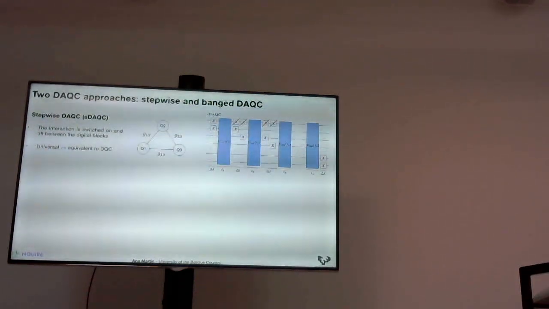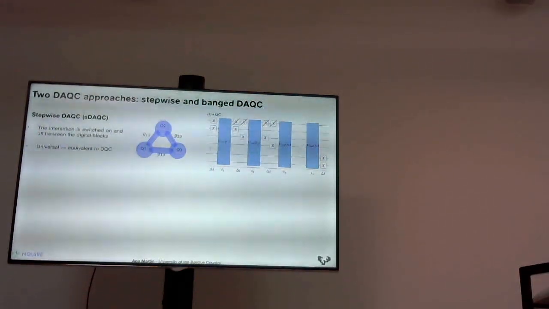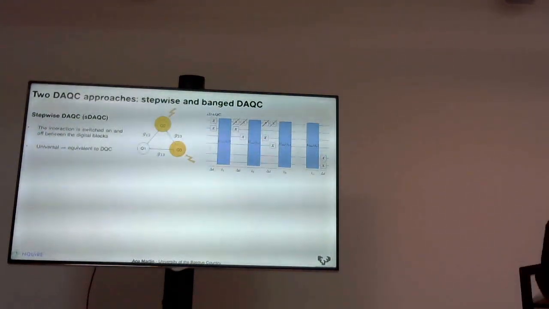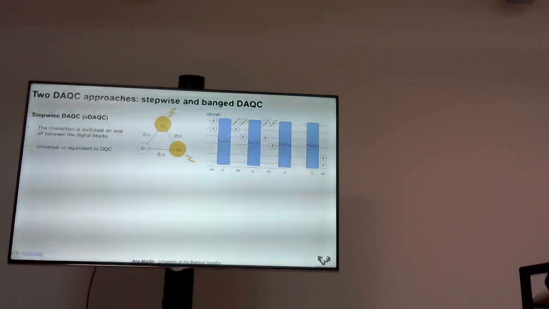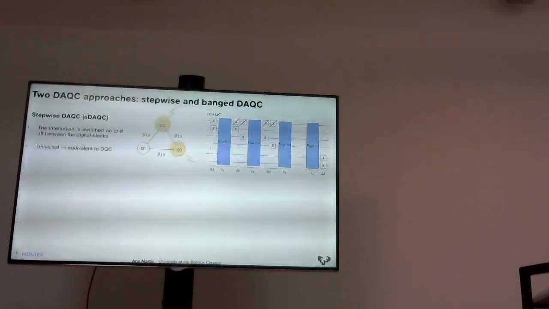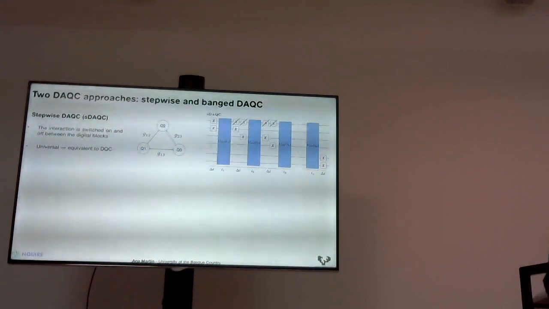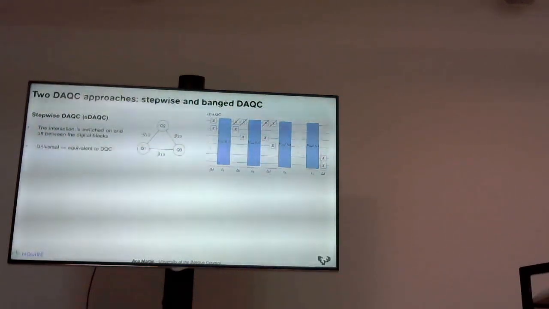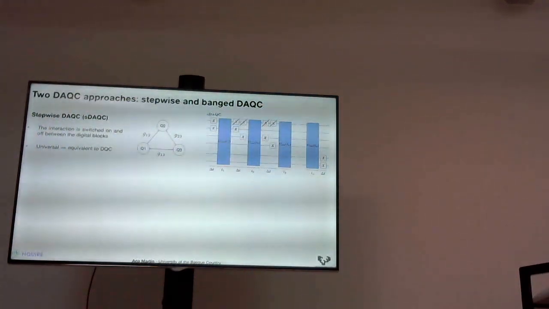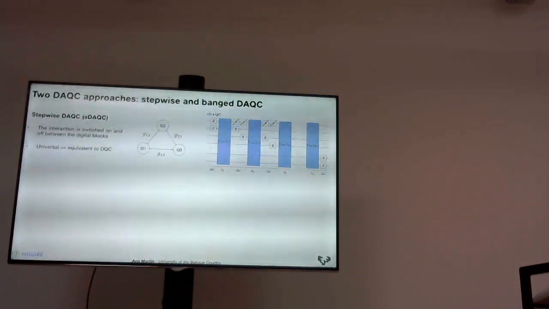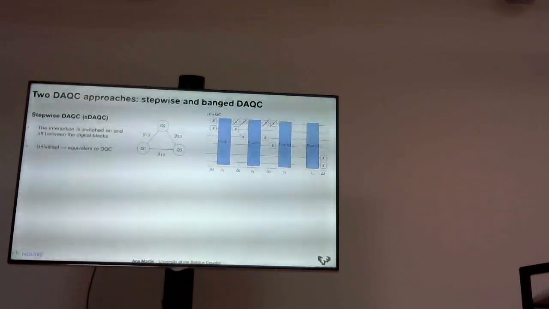Then we let the system interact during a certain time, which is the time slice that we have calculated, and then apply the single qubit rotation on the same qubits. And we do this, so on and so forth, until the very end of the process. The result that we obtain by using this approach is equivalent to what we would have obtained if we had used the digital quantum computational paradigm. So the solution is exact.